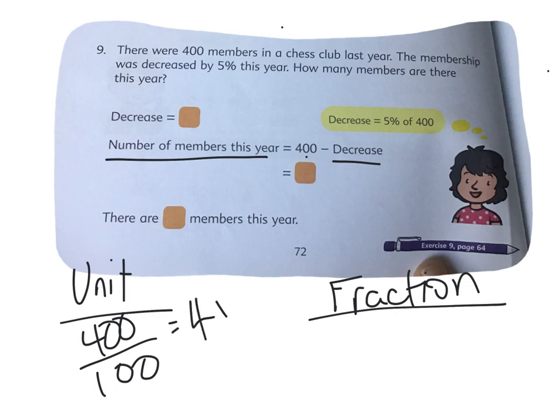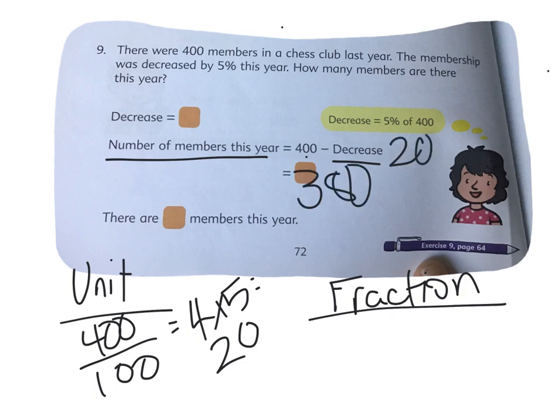And then I'm going to multiply it by 5%. So it's going to be decreased by 20. So 400 minus 20 equals 380.